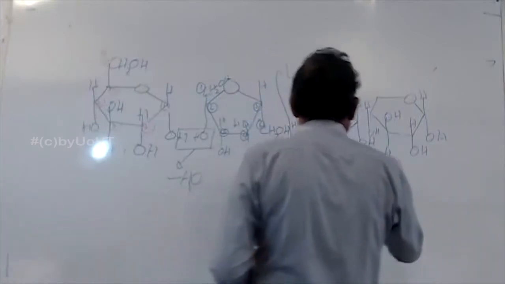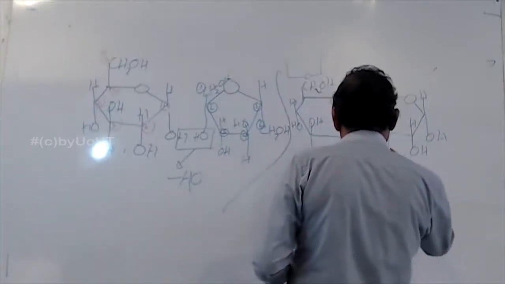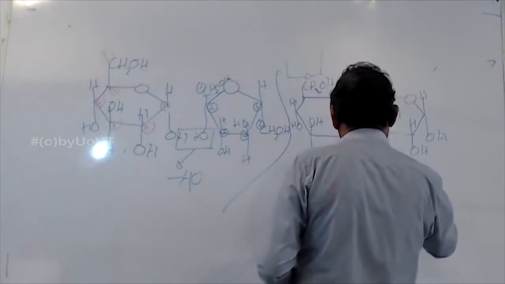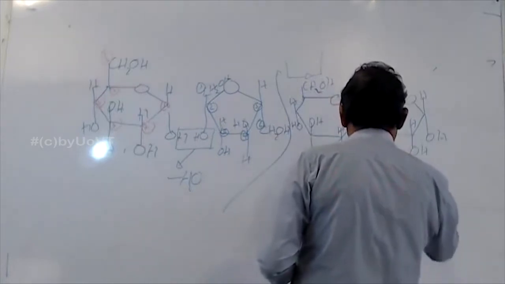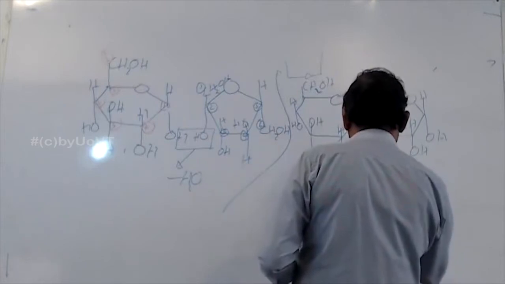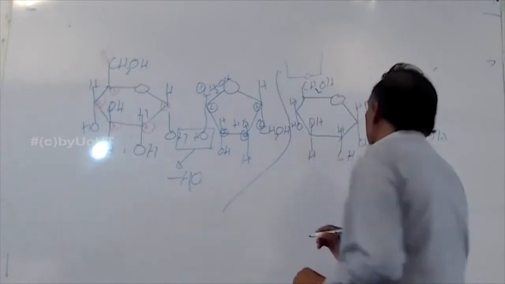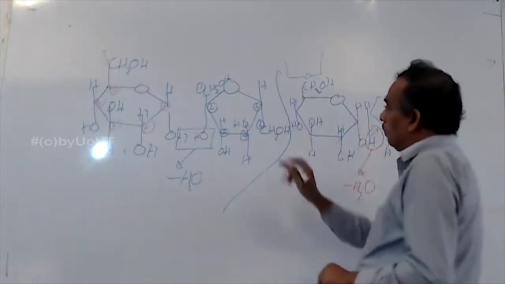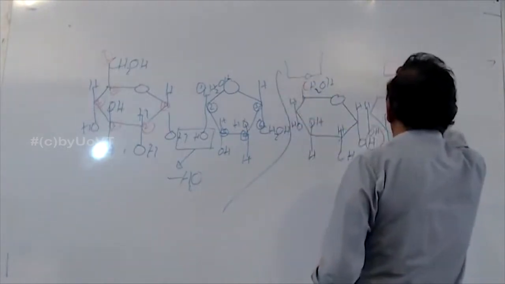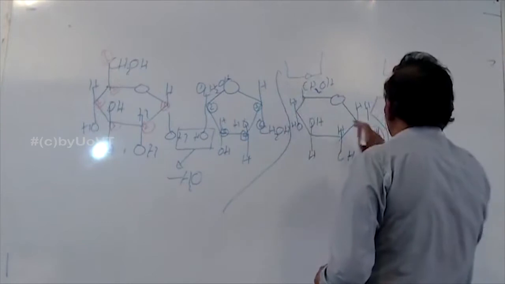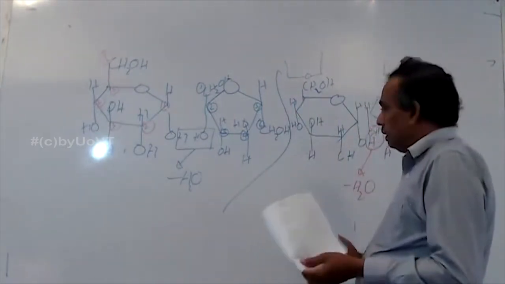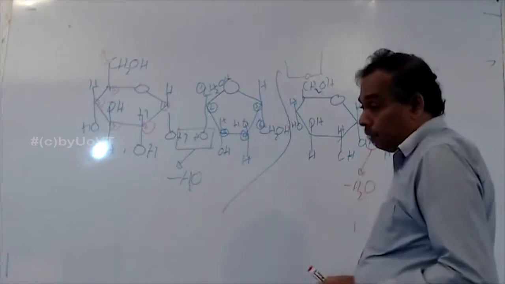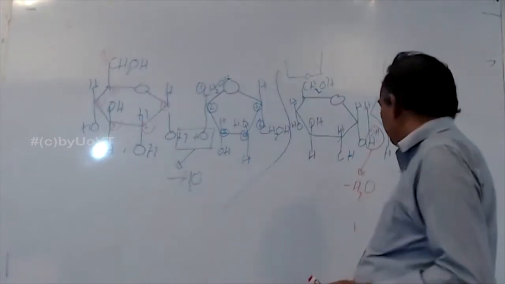These two glucose molecules interact like this, with the removal of a water molecule. Again, a bond like this between these two glucose units is a glycosidic linkage, an alpha glycosidic linkage again.